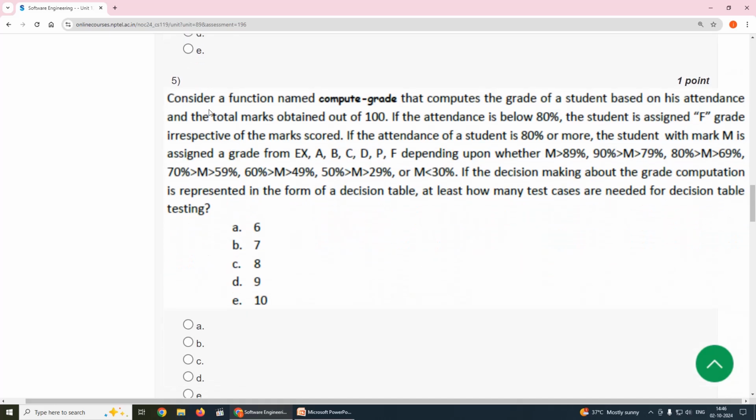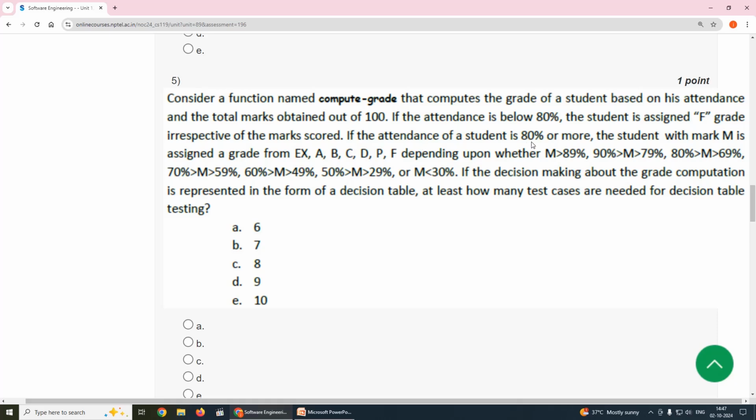And for the fifth one, consider a function named compute grade that computes the grade of a student based on his attendance and the total marks obtained out of 100. If the attendance is below 80%, the student is assigned F grade, irrespective of the marks scored.